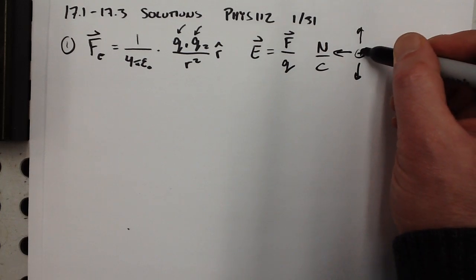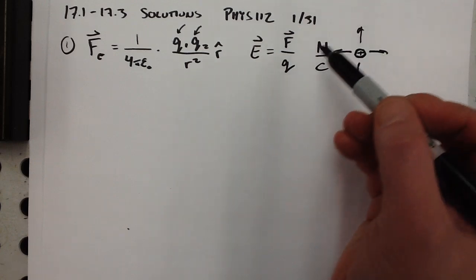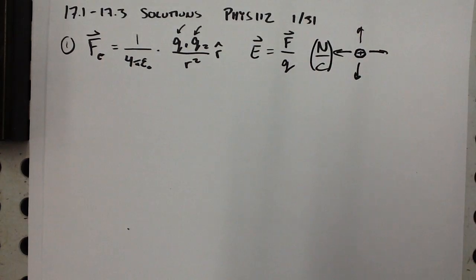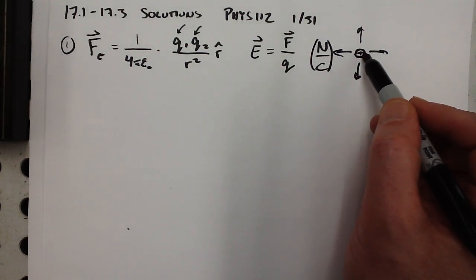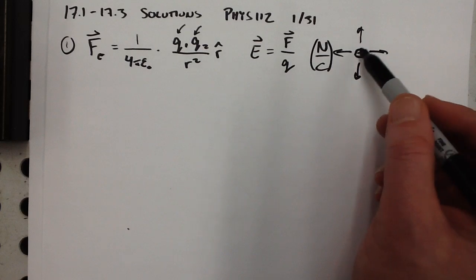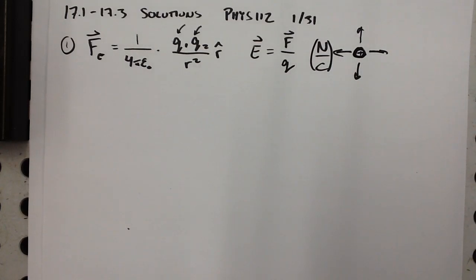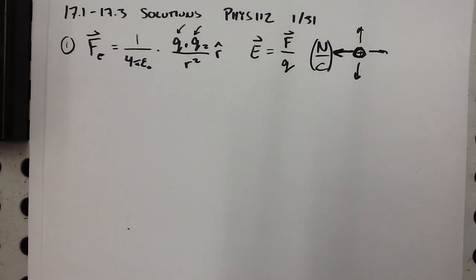They're pointing away because we imagine that's how much force there would be if there was a positive test charge there. So the units would be newtons per coulomb. And of course, you don't just have electric fields around point charges. They could be more complicated charge distributions, and you might apply Gauss's law or do some of the other things that you learned about in chapter 16.